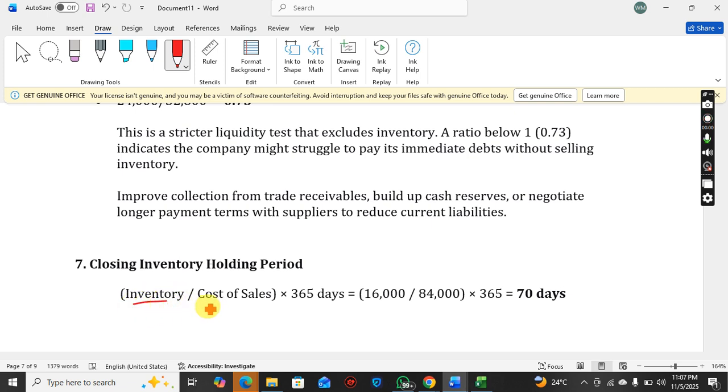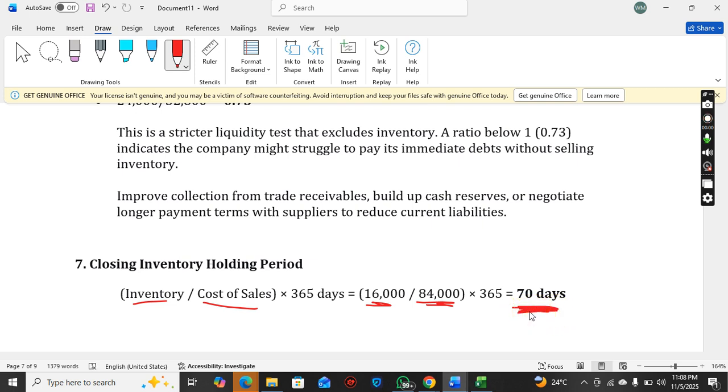Inventory divided by cost of sales times 365 days. In our financial statements, inventory is 16,000 and cost of sales is 84,000. So 16,000 divided by 84,000 times 365, you get 70 days.